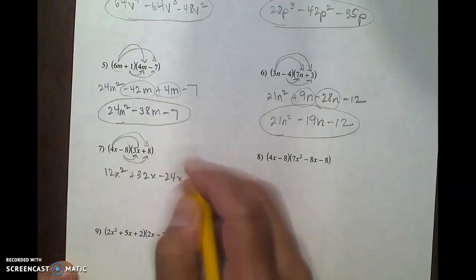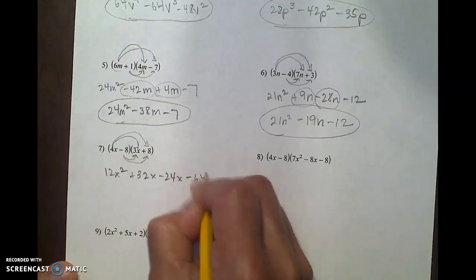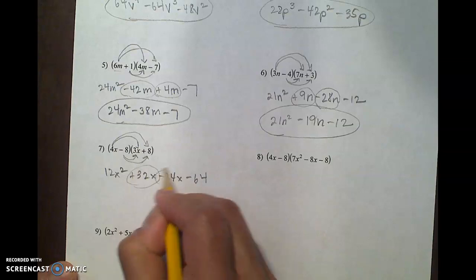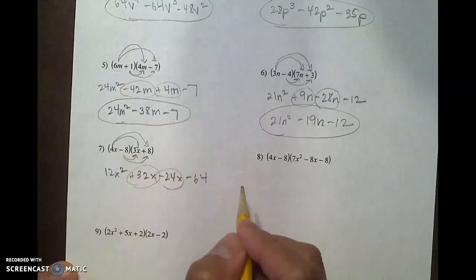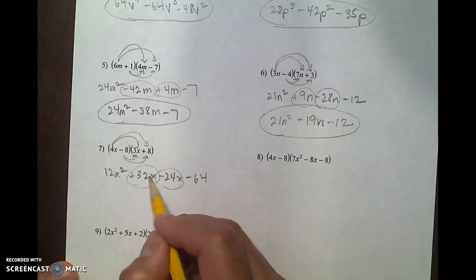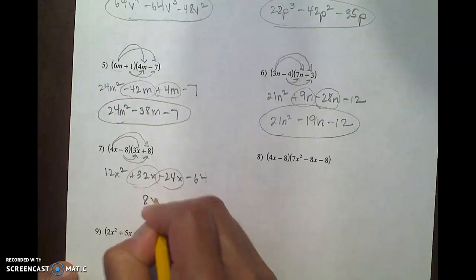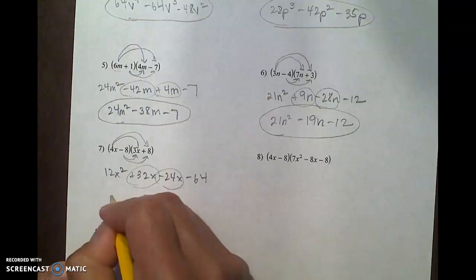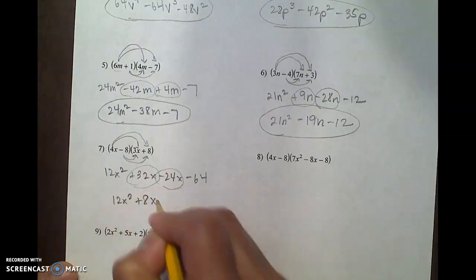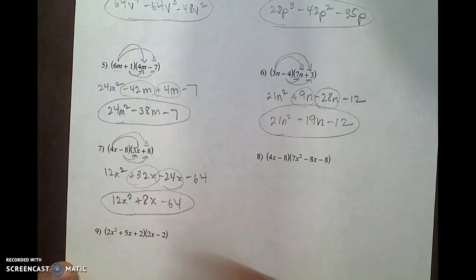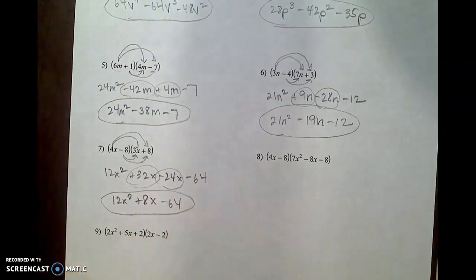Negative 8 times positive 8, negative 64. Got a couple like terms here. They have the same variable, same exponent combo. This is x to the first and x to the first. Combine those, we get 8x. 12x squared minus 64 just get tacked on. Okay.